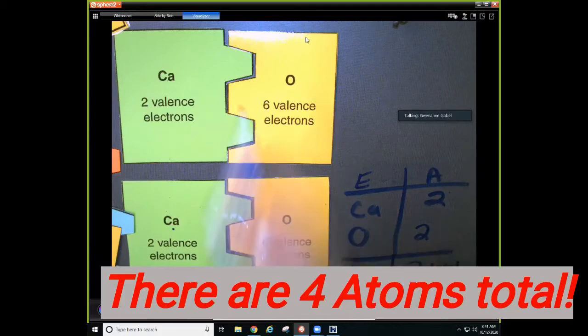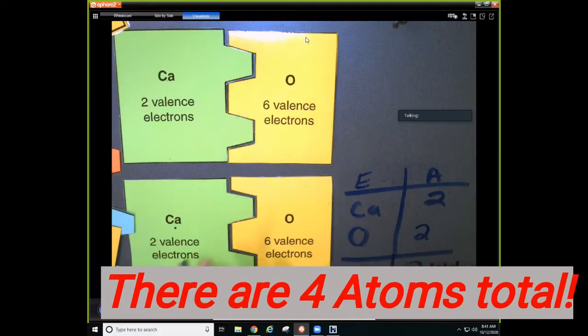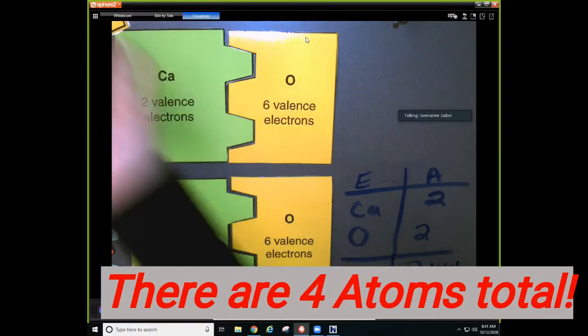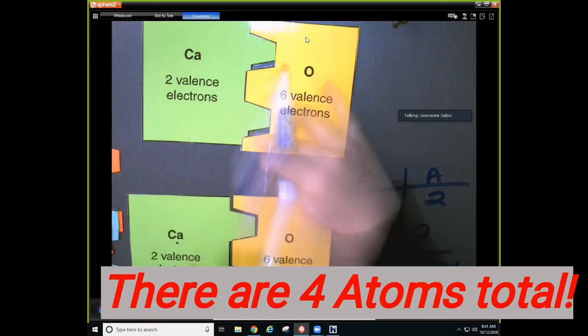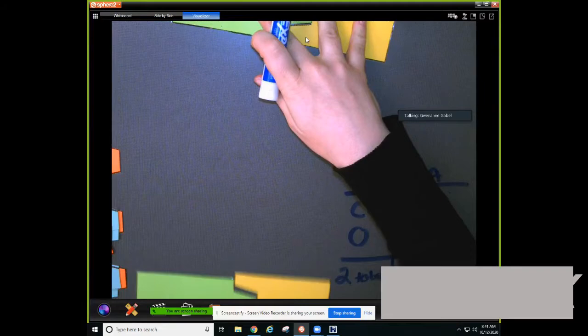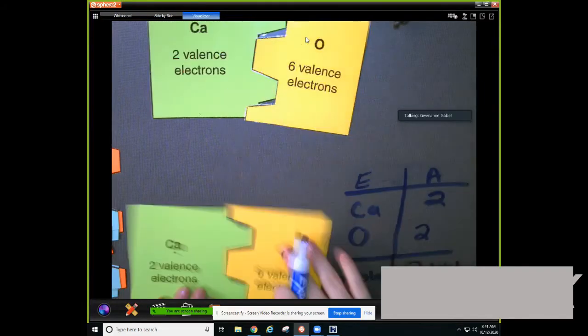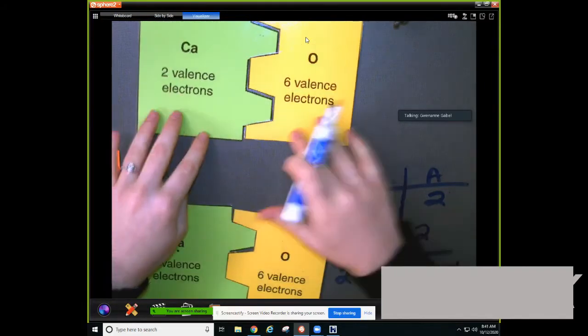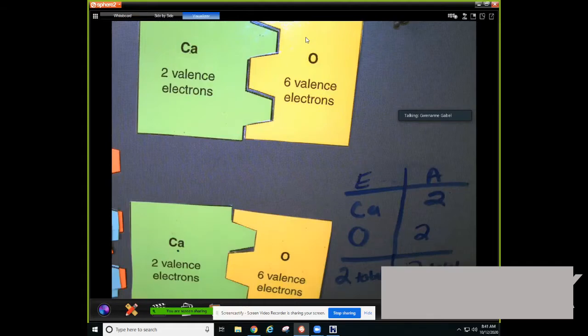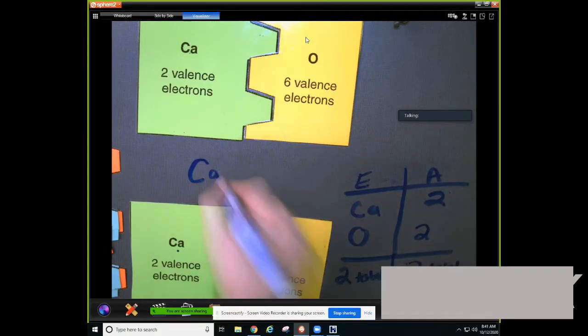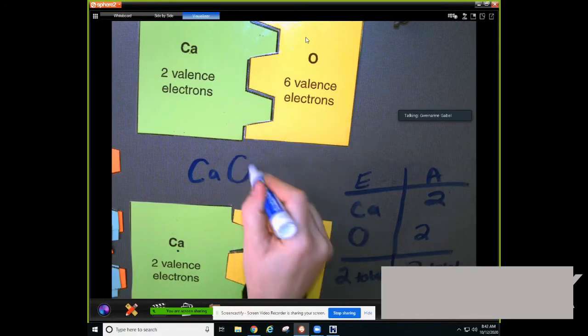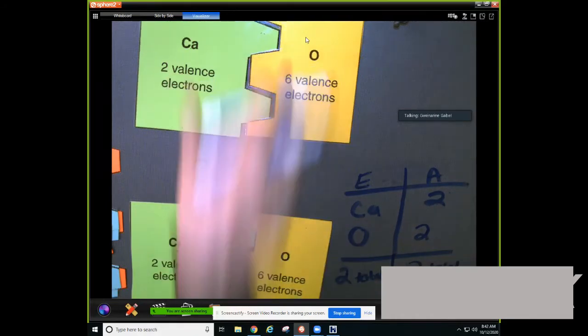Okay, when we write this, we're going to write it one at a time. So this is 1 molecule, this is another. You see how these 2 are not connected, they're separate. Okay, so they're 2 separate things. Okay, so Ca, and I have O, and I have 1, 2.